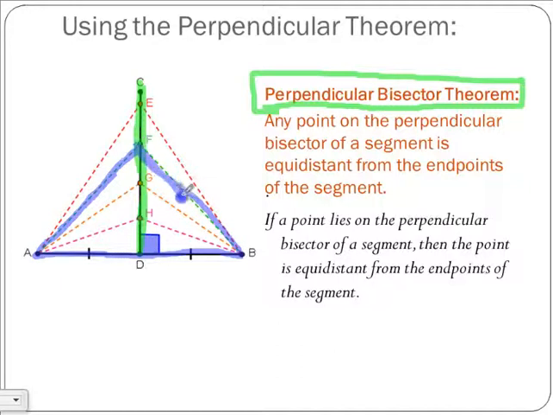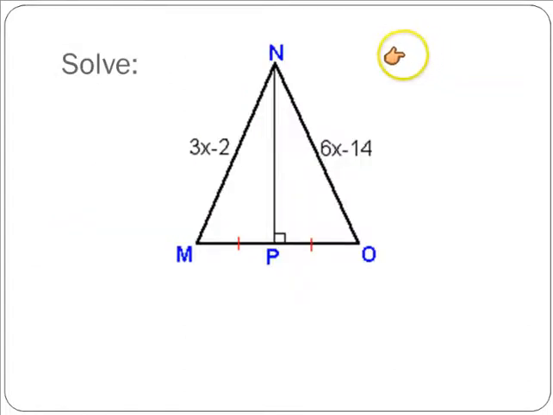Because we've got a triangle with a perpendicular bisector going through it, we would know that the legs of the triangle are going to be congruent. Because we know it is a perpendicular bisector, because these ticks let us know that this segment not only intersects at 90 degrees, but cuts it into two equal parts, now these two legs of the triangle are also going to be congruent. That's the perpendicular bisector theorem. Let's put it to work. Alrighty, so here we would want to solve for x.